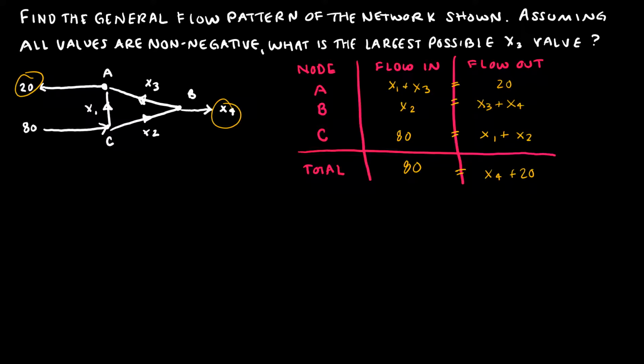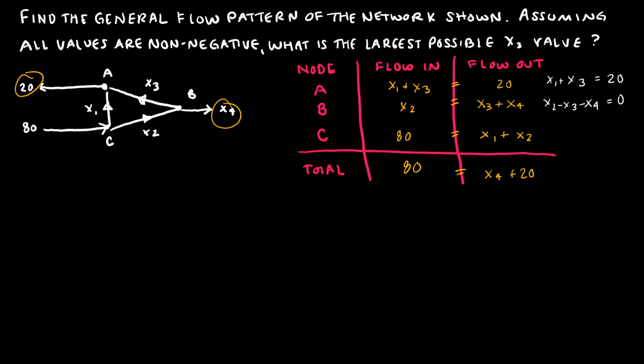What I want to do is write those in the correct format so that I have all of the x's on one side and the constants on the other. So this is going to turn into x1 plus x3 is equal to 20. This one is going to be x2 minus x3 minus x4 is equal to 0.